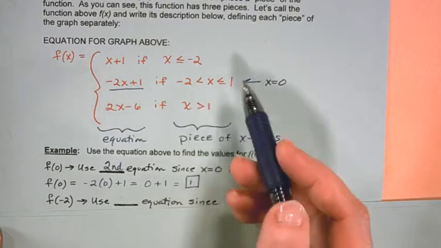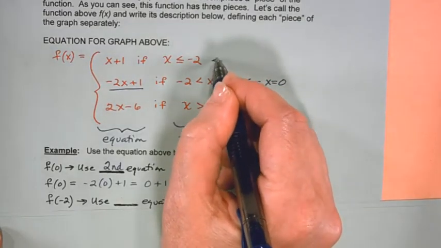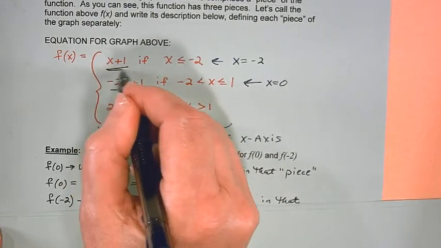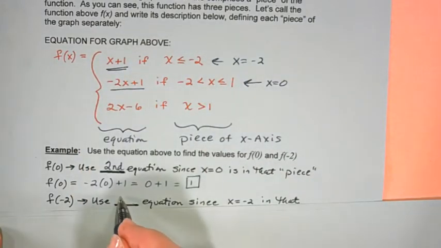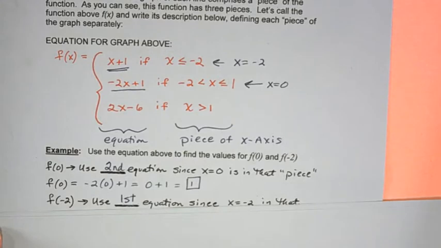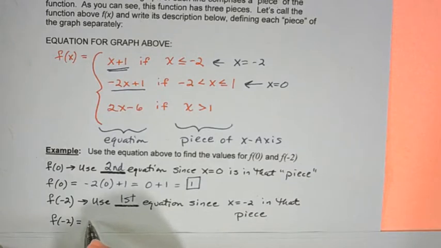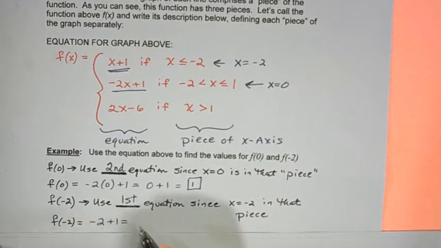So this is the piece that includes x equals negative 2. So I'm going to use the first equation, and I'm just going to plug in the answer. So I'm going to have negative 2 plus 1 equal to negative 1.